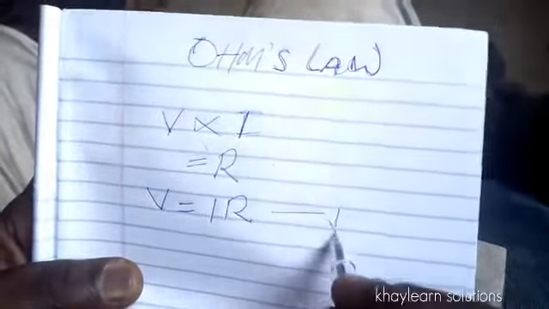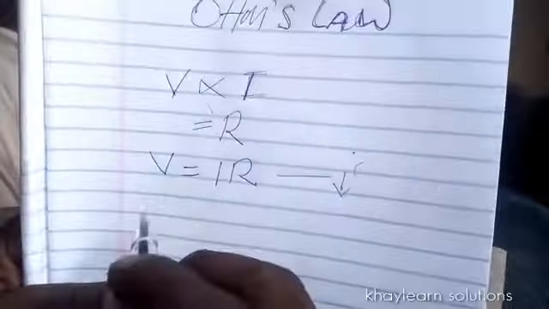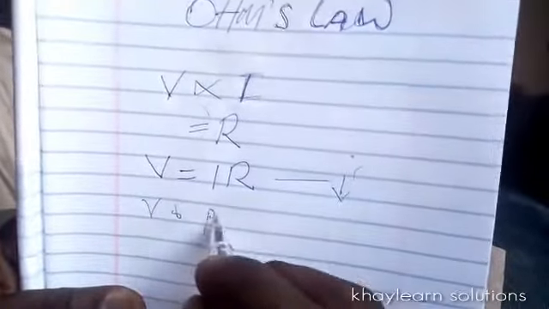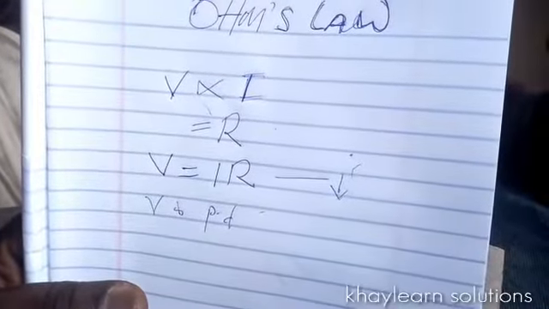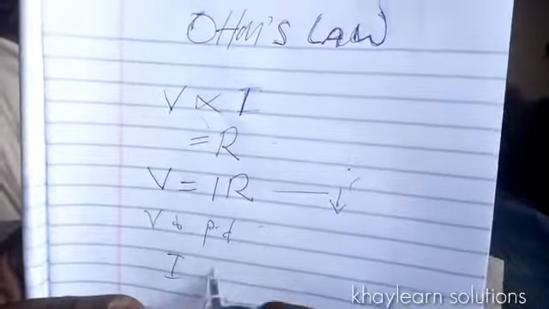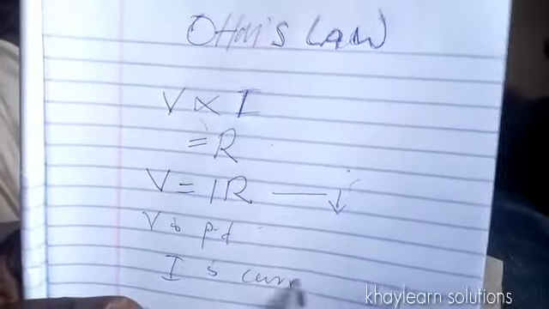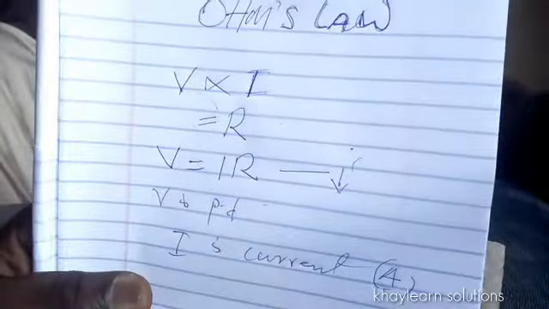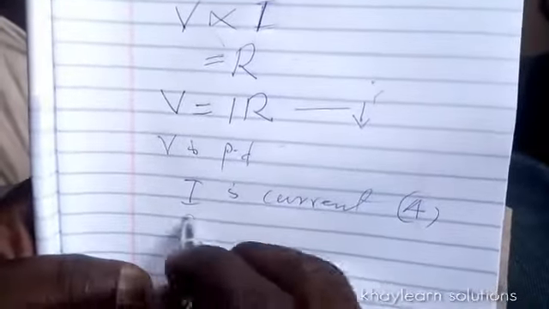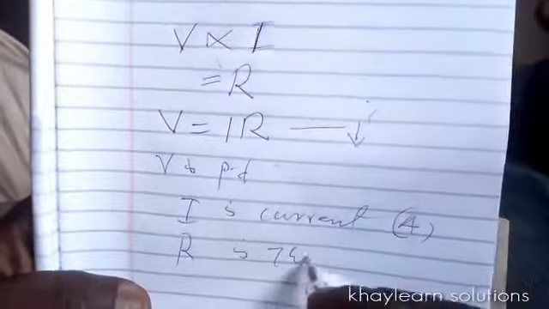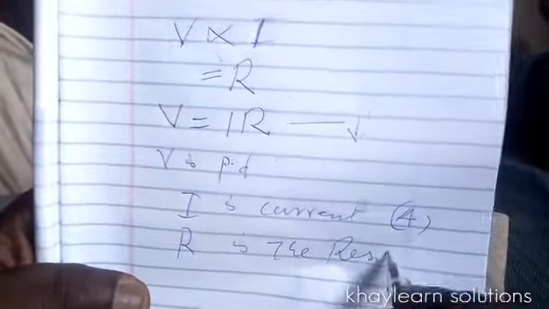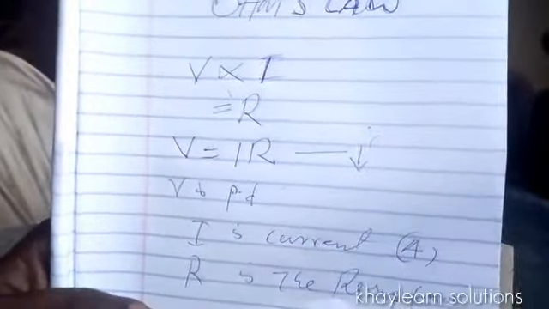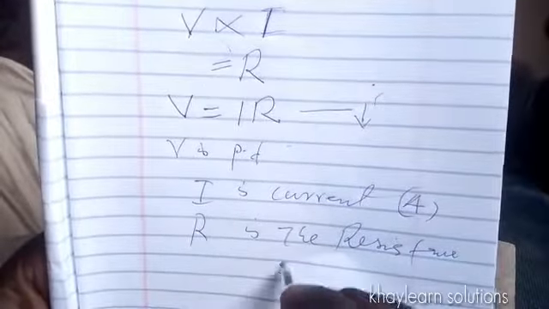This is called Ohm's law, where V is the potential difference across the metallic conductor, I is the current flowing through the conductor in ampere. The SI unit is ampere for the current, while R is the resistance of the conductor, in ohms.